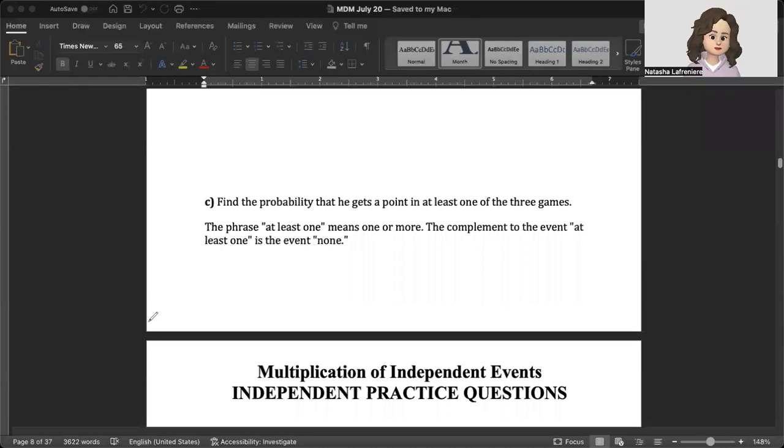So the probability of a point in at least one game is 1 minus the probability of a point in no games.